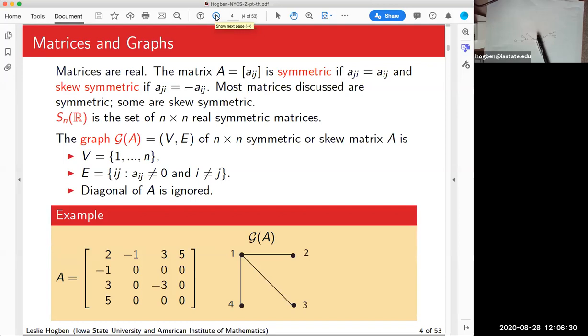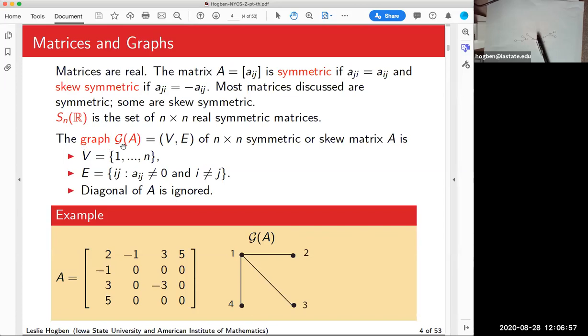And this, of course, covers a symmetric matrix where the ij and ji entries are equal, and a skew symmetric matrix where the ji entry is the negative of the ij entry. Most of the matrices I'm going to talk about will be symmetric, some will be skew symmetric. And you see here a notation for the set of n by n real symmetric matrices.